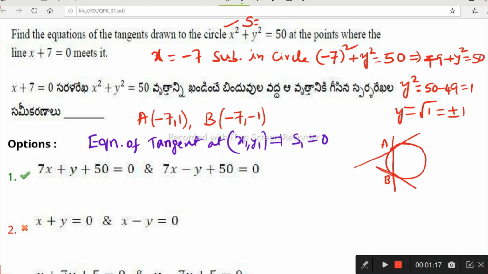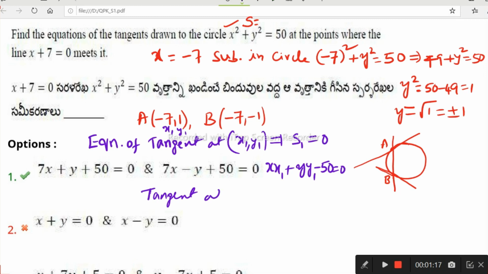Now S1 means what? The x square term we can write as xx1, plus the y square term we write yy1, and the constant 50 I'm taking on the left side, that is minus 50, is equal to 0. Now in place of x1, y1 I'm using the first point A, and the same you have to find at B also. Now I'm finding the equation of tangent at A first.